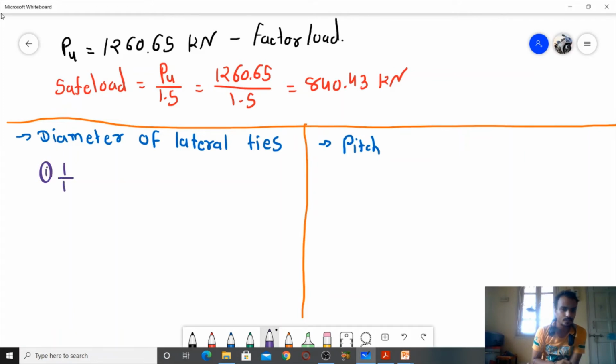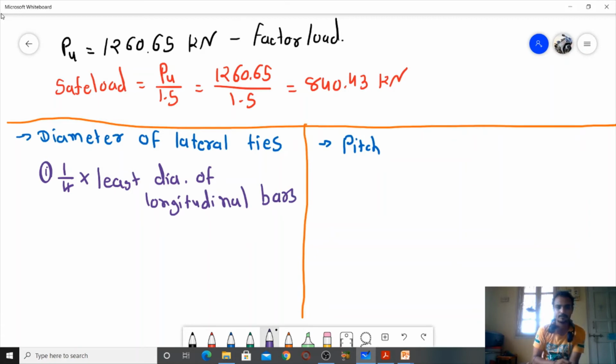First is 1/4 into the least diameter of longitudinal bars, and the second condition is 6 mm.